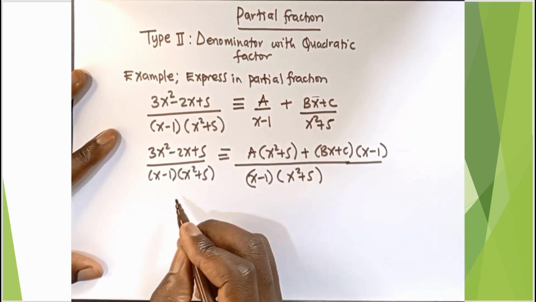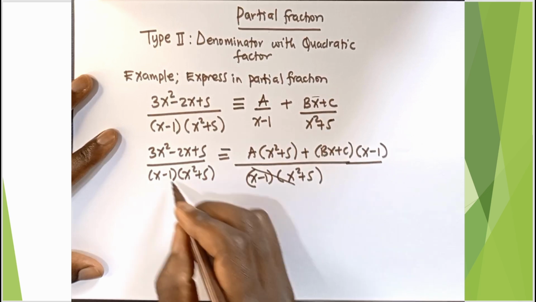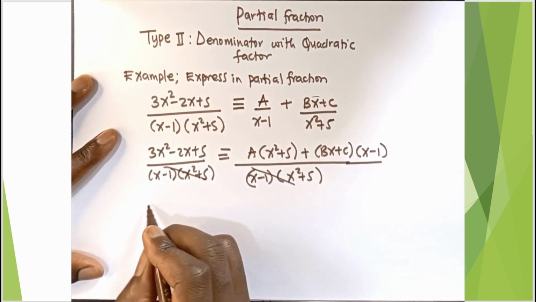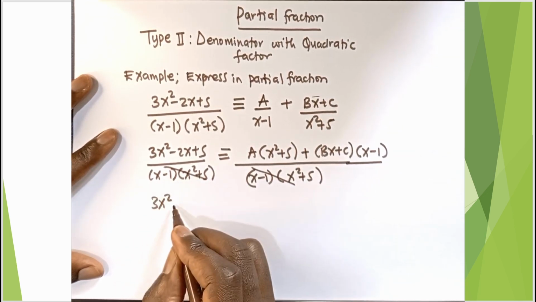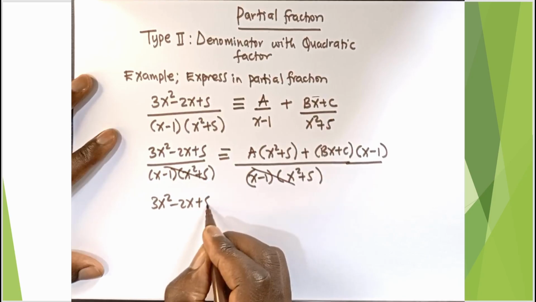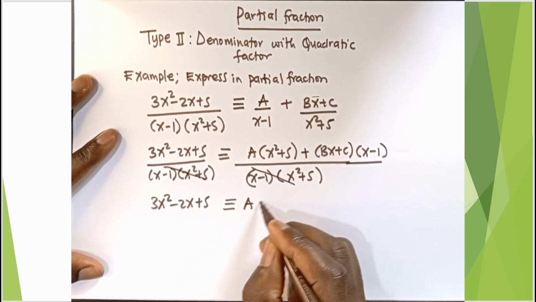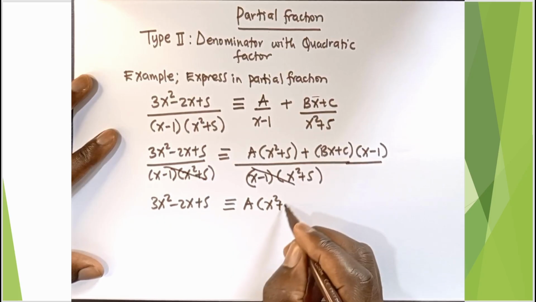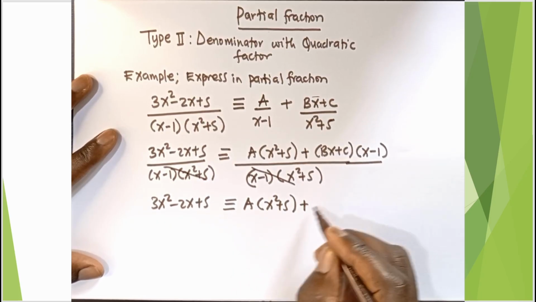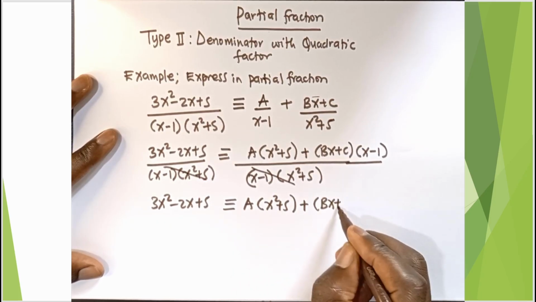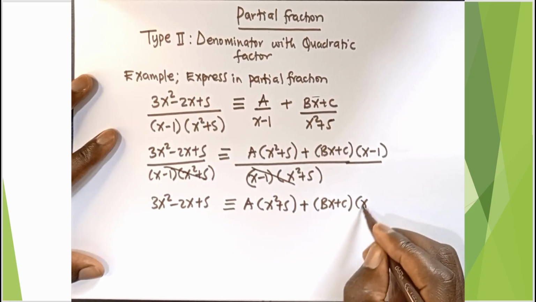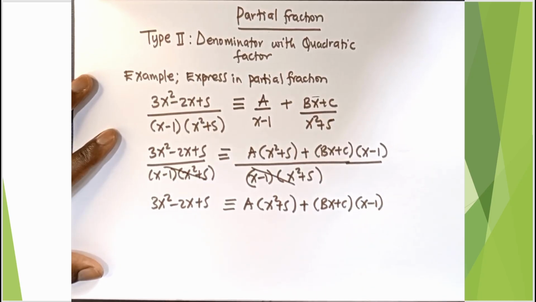Now after having that, these denominators can go, so we remain with 3x squared minus 2x plus 5 identically equal to A into x squared plus 5, plus bx plus c into x minus 1.